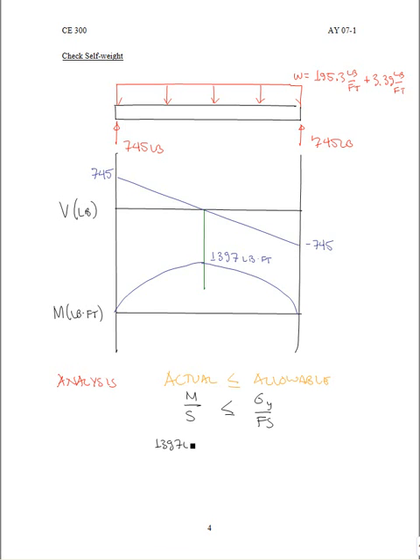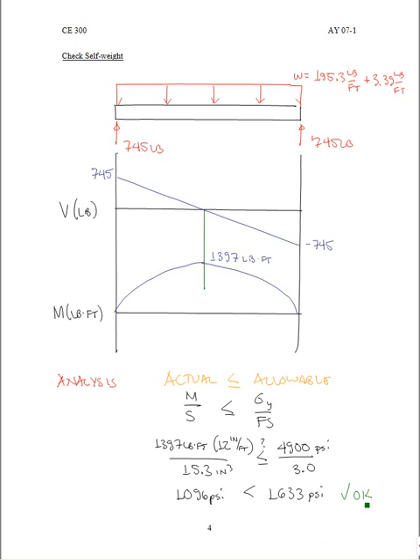Substituting in our values and converting so that we're consistent with units, we find that the actual stress is 1,096 psi, while the allowable stress is 4,900 psi divided by that factor of safety of 3, which is a value of 1,633 psi. So our actual is, in fact, less than or equal to our allowable. So our design is okay for self-weight.